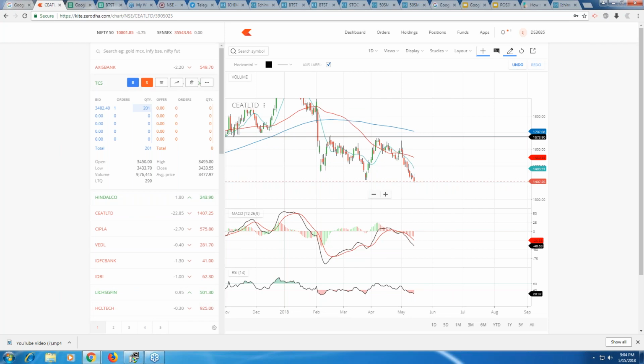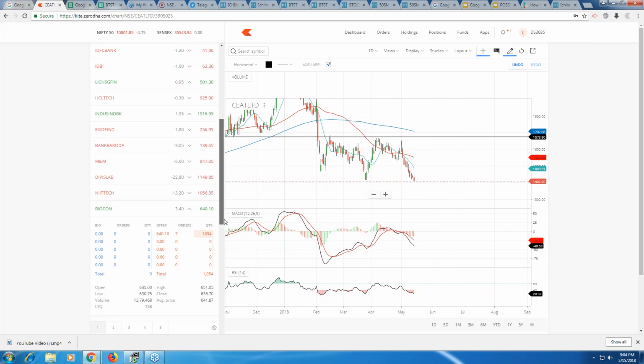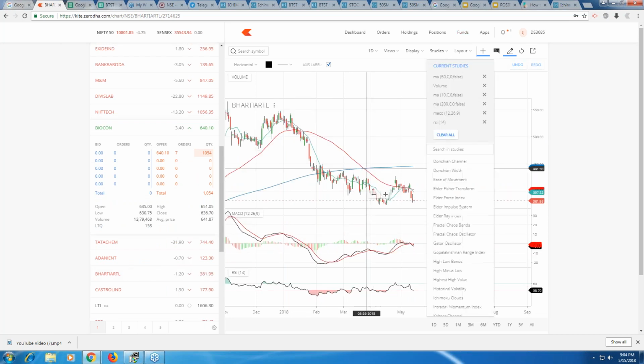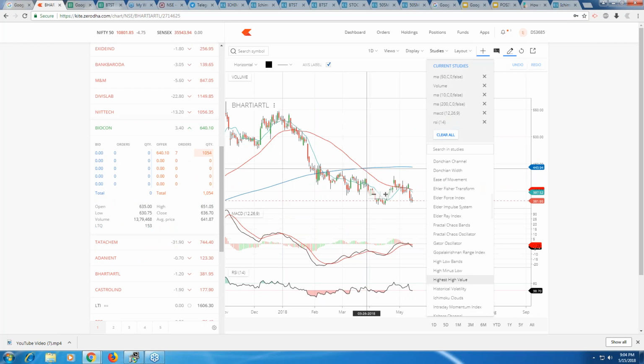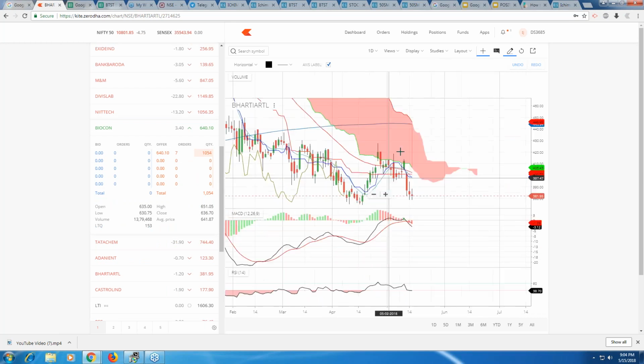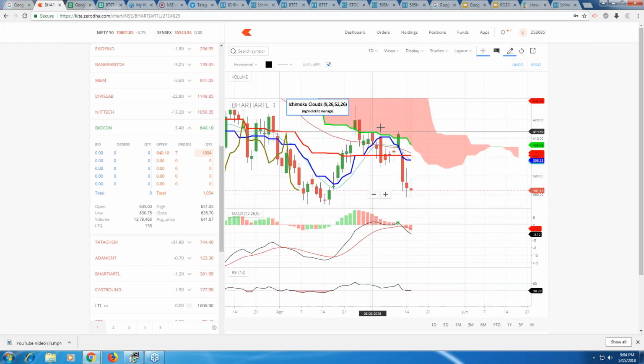Another stock that I filtered by Ichimoku downtrend was Bharti Airtel, right? If I put the Ichimoku cloud, you can see how beautifully it's going down, right? I found it here when the price rejection happened, and it took resistance from the cloud, and this is how it has come down.